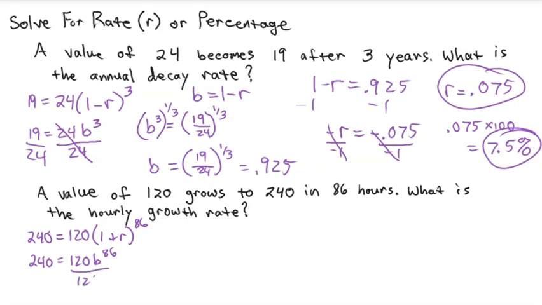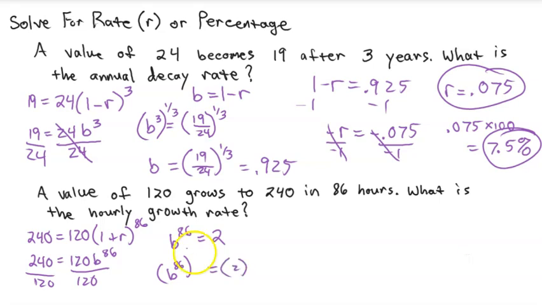We're going to divide by 120 on both sides. Now 240 divided by 120 is 2. So we can go ahead and use 2, but you could leave it as 240 divided by 120 if you have to, okay? So we're going to have b to the power of 86 is equal to 2. So now we want to get rid of this 86. So what we're going to do is put them both in parentheses, b to the 86 power is equal to 2, okay?